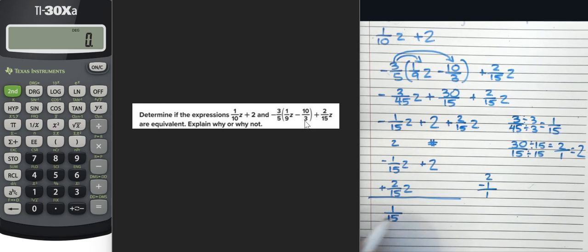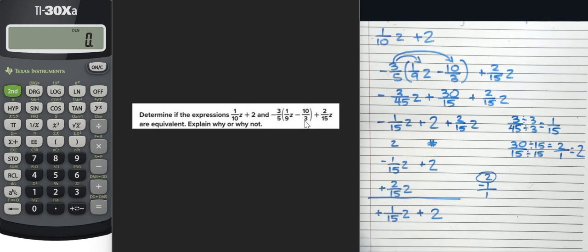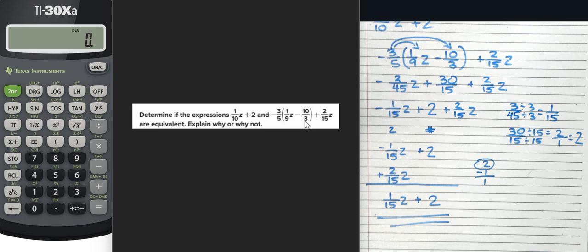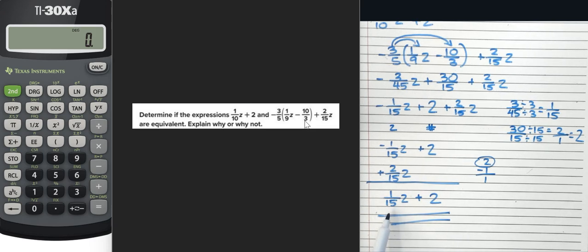My 15th will stay in the denominator, and we're talking about our z's. And then we're looking at our larger number, which was a 2. So what type of sign did we have attached there? That's going to be a positive. And then you'll have over here +2, and there's nothing else listed here, so you're just bringing that down, +2. Okay. So I don't need this plus sign over here, so I'm just going to take this out. So this expression is equivalent to, or simplified to, 1/15 z plus 2.